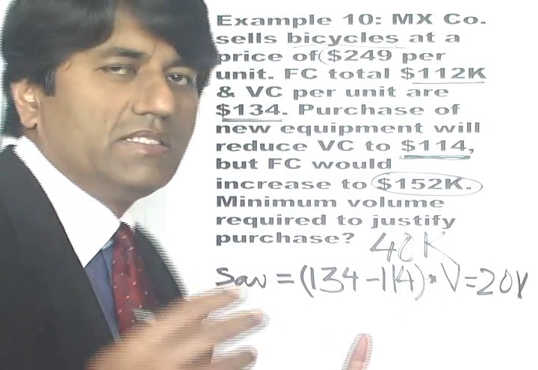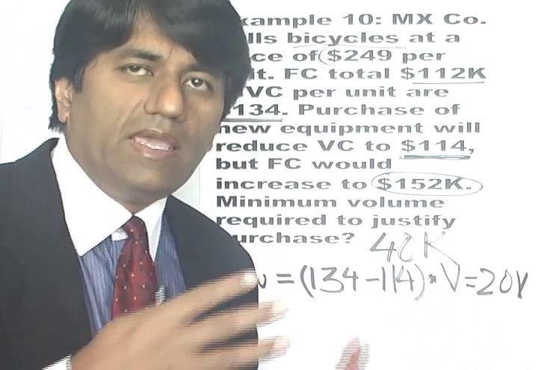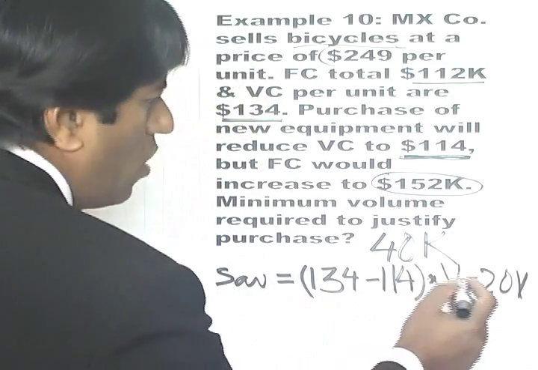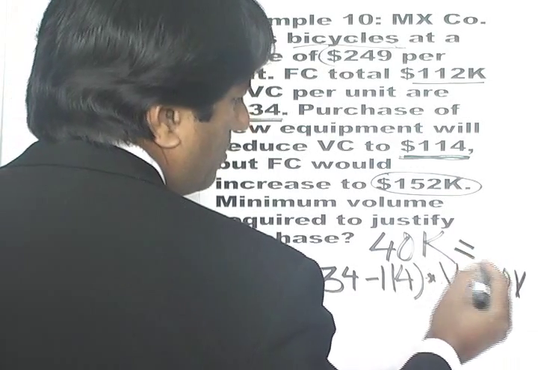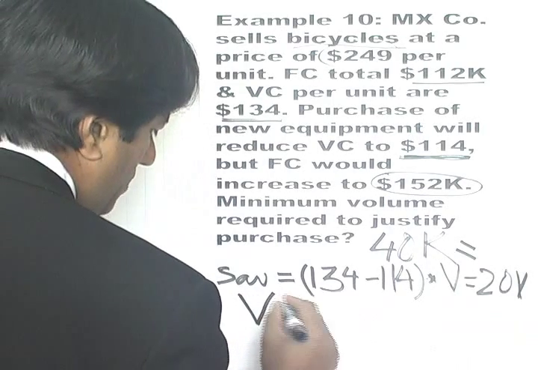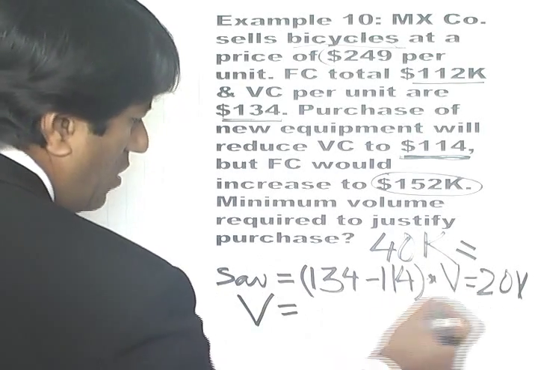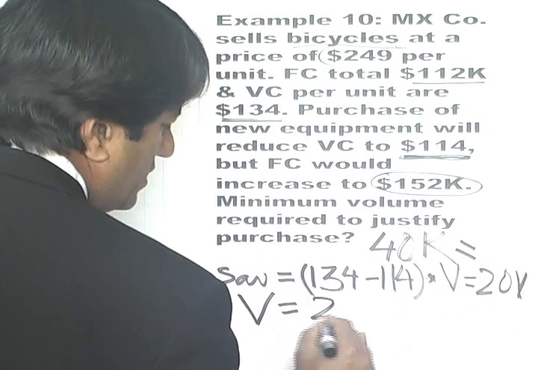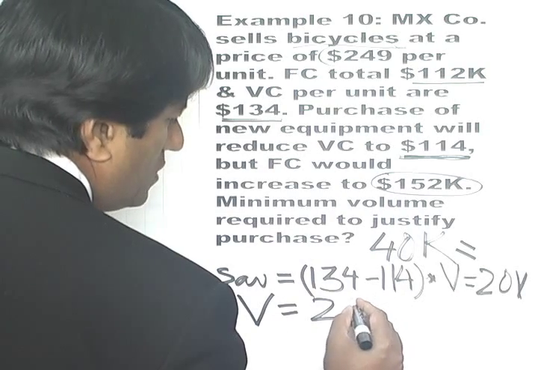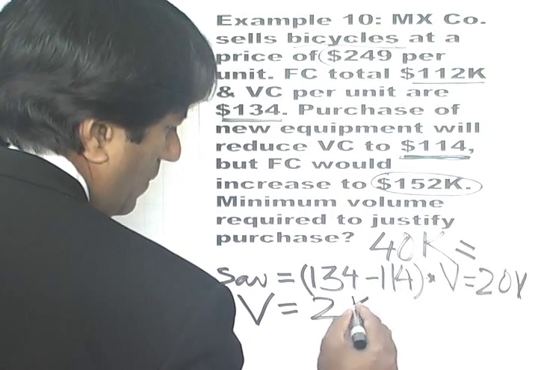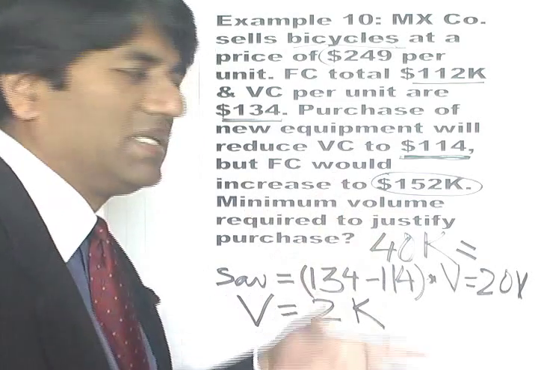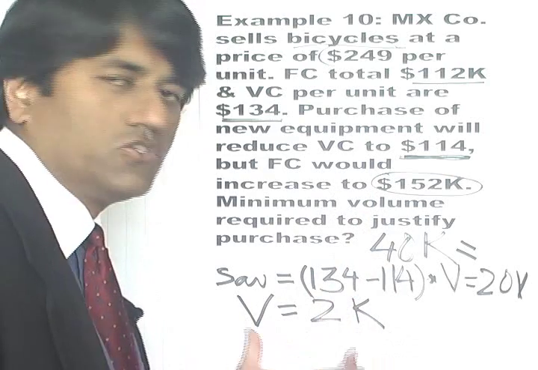So the savings must at least equal the increase in fixed costs to justify the decision, or 20V must equal at least 40,000, or the minimum amount of V that you need is 40K divided by 20, which is equal to 2000. So the minimum volume which the firm must sell to justify this new equipment is 2000.